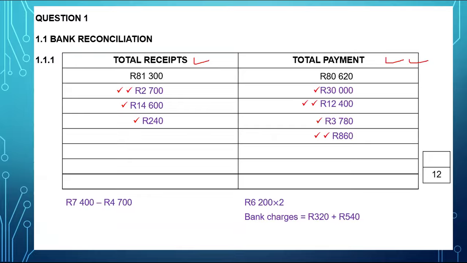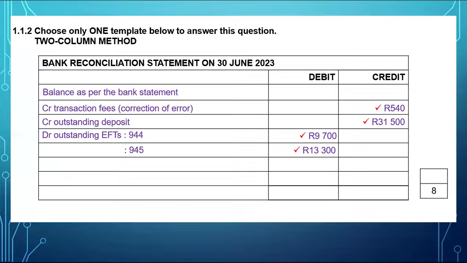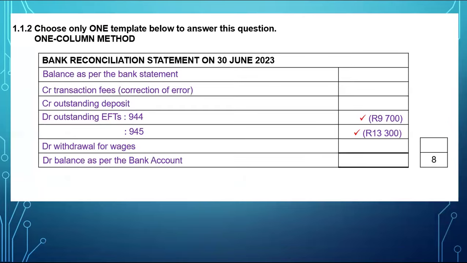The 11,000 that I spoke about will be recorded under cash payments journal and it'll also be recorded on the debit side of your bank reconciliation statement. If you were preparing this using one column, you will put it in brackets.